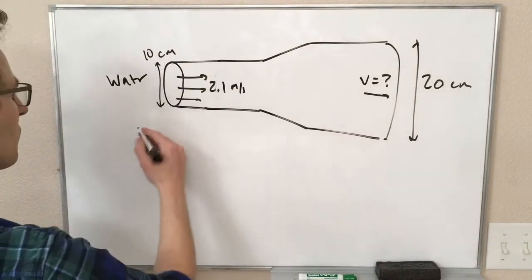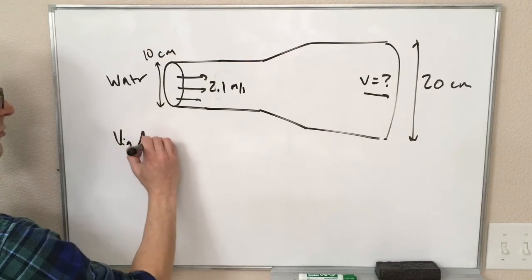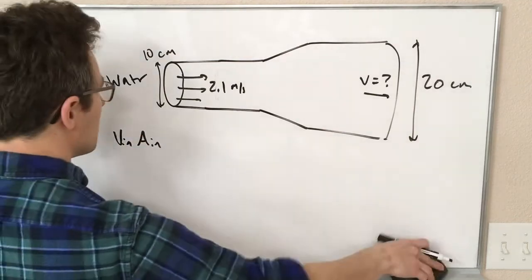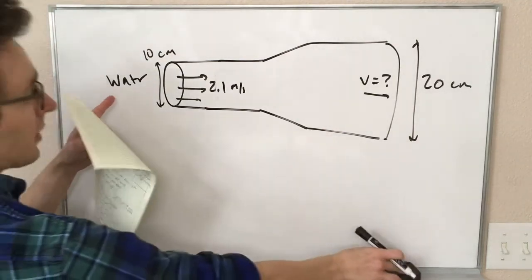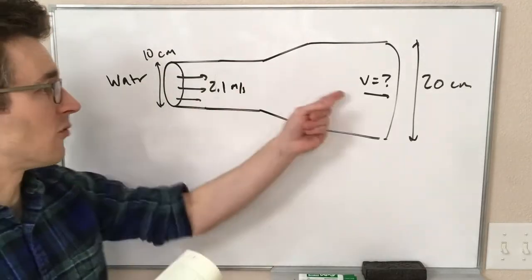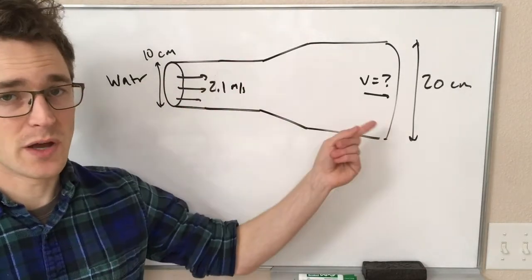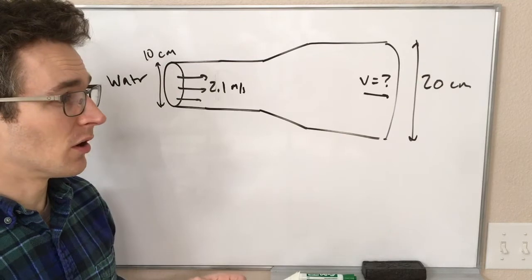Okay, so we know that A in, I should say, first of all, water is a liquid, and the density of water is not going to change between these two ends. So we can use our liquid equation.